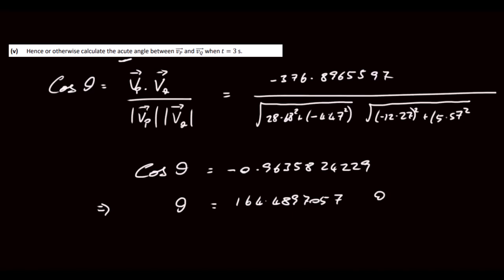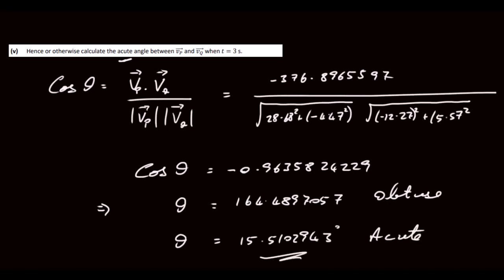We want the acute angle, so theta is equal to 15.5102943 degrees, and this is the acute angle. So this is the angle they were actually asking for. So again, too many decimal places probably there, but that's the procedure anyway. Okay, and that's it for this question.